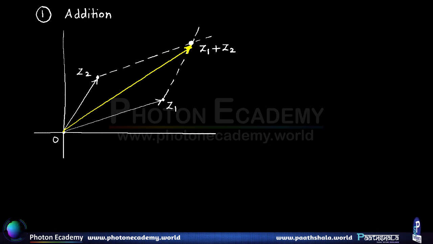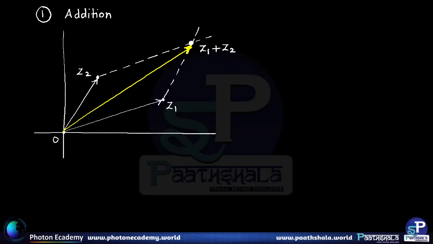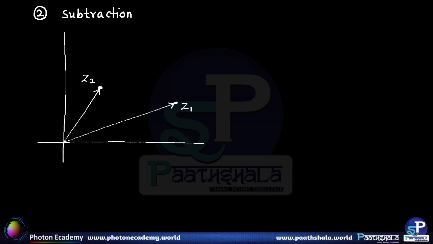Right? So of course we can find out the different components of this vector also analytically, that is what is the magnitude of z1 and z2 and what is the argument, okay, that we know how to calculate. Now moving ahead, if we think of subtraction, that is suppose we want to do z1 minus z2.